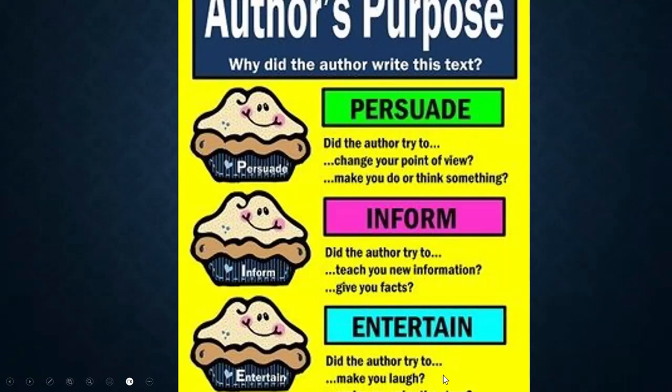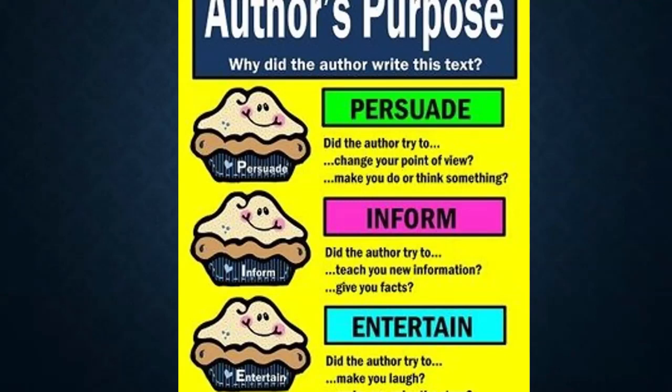Entertain is a story. Did it try to make you laugh? Did it try to make you feel something? Entertainment means like you're reading a story such as Judy Moody. My name is Judy Moody, and I have such an annoying little brother. Let me tell you the crazy story about what happened to me today.